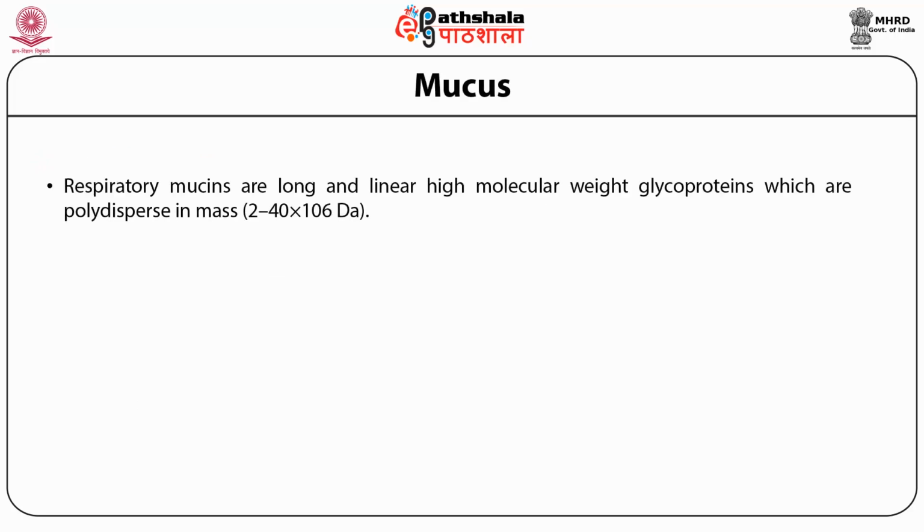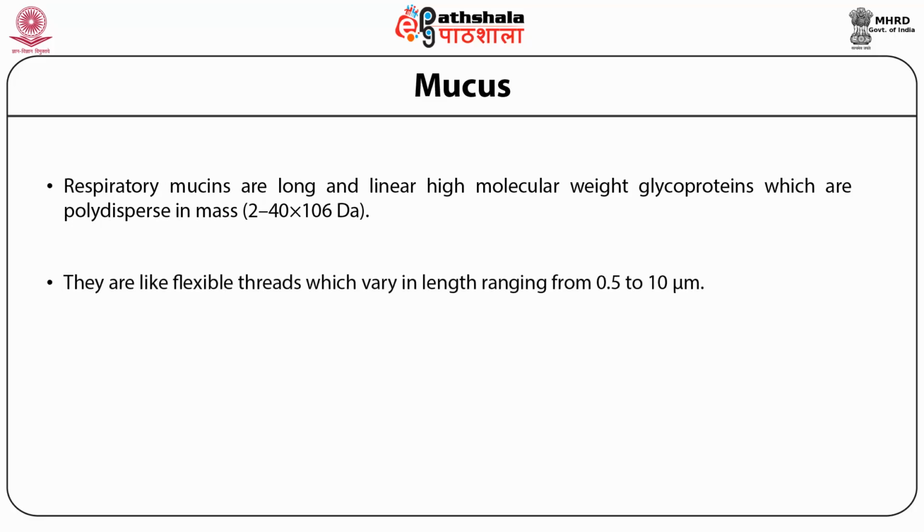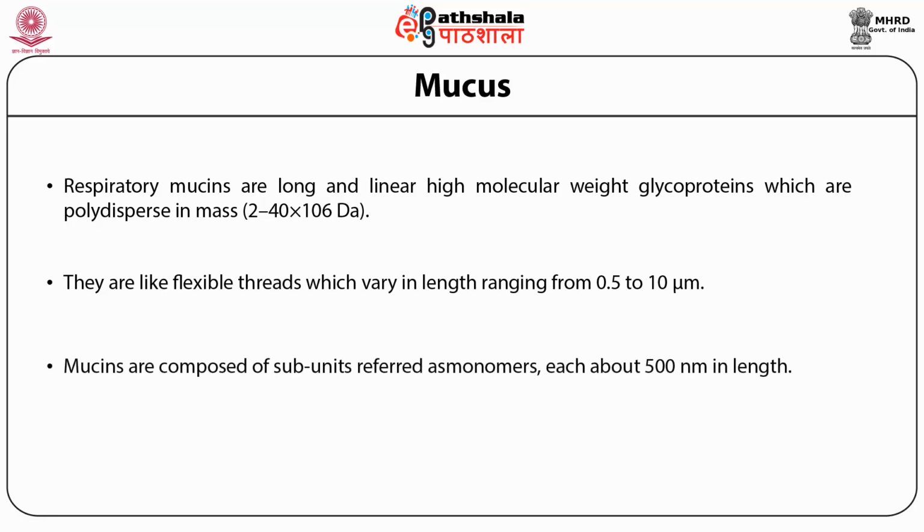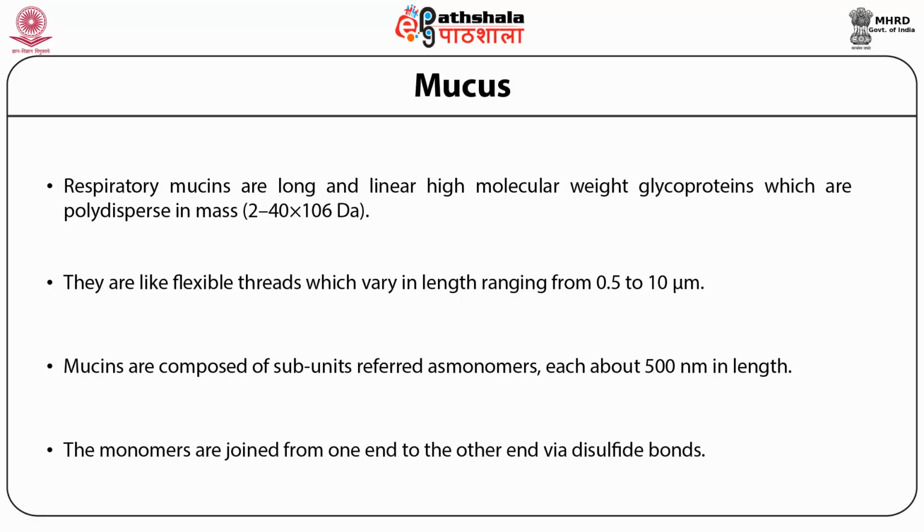The respiratory mucins are long, linear, high molecular weight glycoproteins, which are polydisperse in mass. They are like flexible threads which vary in length from 0.5 to 10 micrometers. Mucins are composed of subunits referred to as monomers, each about 500 nanometers in length. The monomers are joined end to end via disulfide bonds.